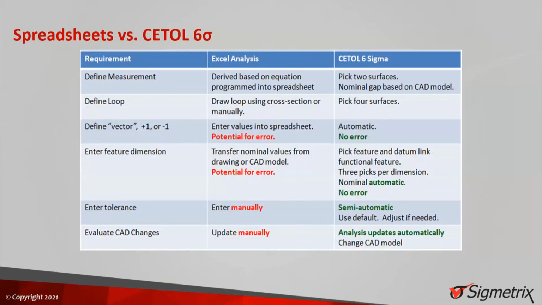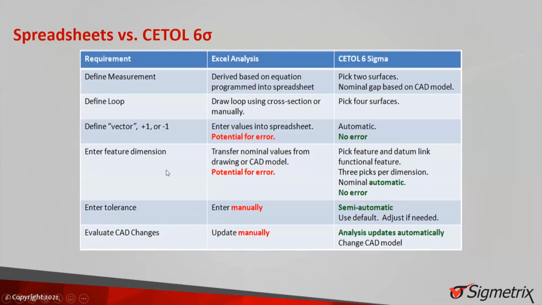Then CETOL will, based on the CAD model, create the loop to do the tolerance analysis. And also, sometimes we make mistakes with the direction, that is plus minus, in your spreadsheet, right? But you still can get the result, but that is not right. But in CETOL, you don't worry about that. It automatically determines the factor.